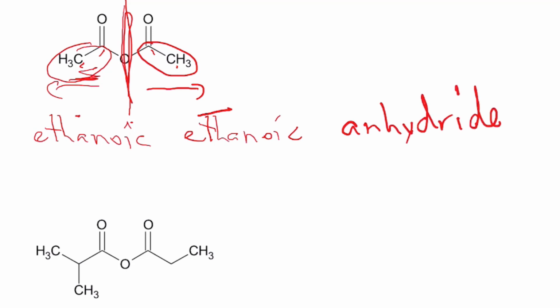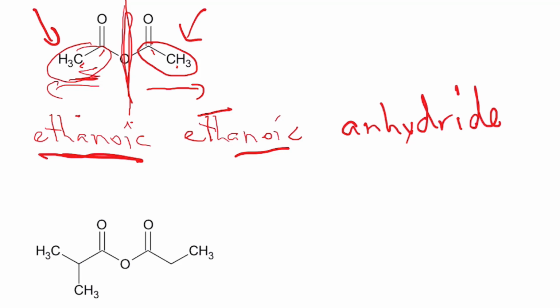But we need to recognize that there are two of these. And normally we would write the word di in front of them, diethanoic anhydride, but it's not necessary in this case because it's a symmetric molecule, and we have to recognize that if I only say one of these, it implies that both sides are the same, same carbon length, same carbon chain on either side.